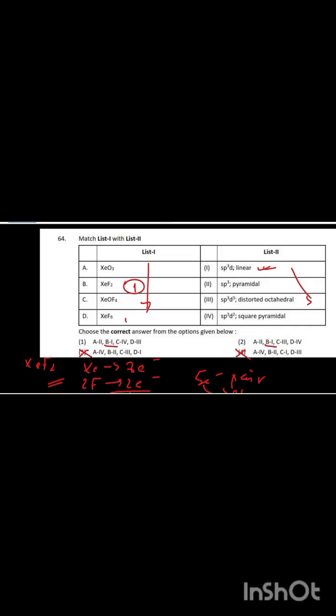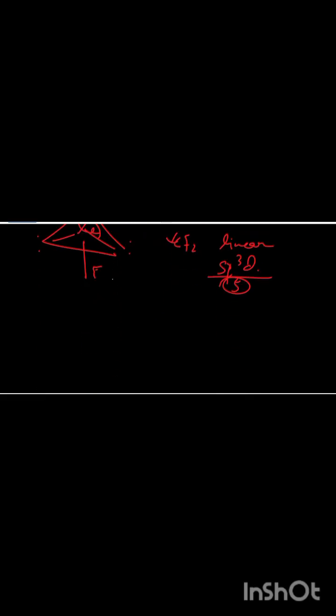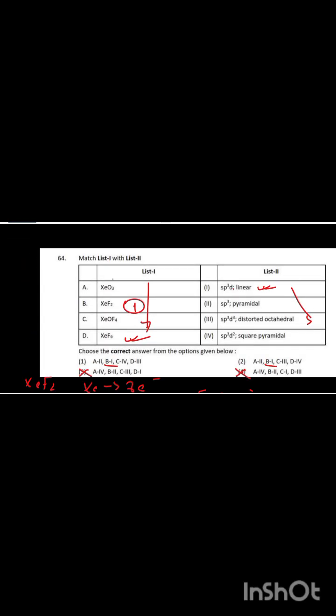Then we are trying XeF6. Why are we going to the halogens? Because they are more easy to derive the structure. Xenon has 8 electrons, 6 fluorine have 6 electrons, total gives 14 electrons. So 14 electrons means 7 electron pairs. In case of 7 electron pairs, the shape is distorted octahedral, it's not pyramidal, it's not square pyramidal, distorted octahedral.